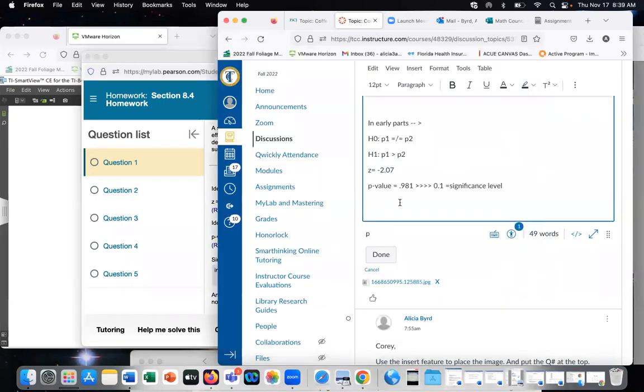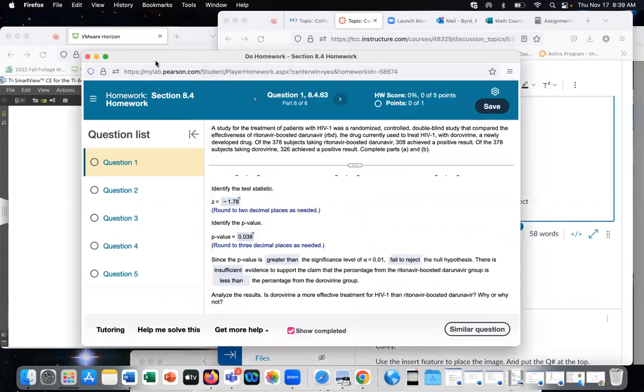So when your p-value is larger than your significance level, you're going to fail to reject the null hypothesis. You always return your answer in terms of the null hypothesis, either reject or fail to reject. If it's really large, you're going to fail to reject.